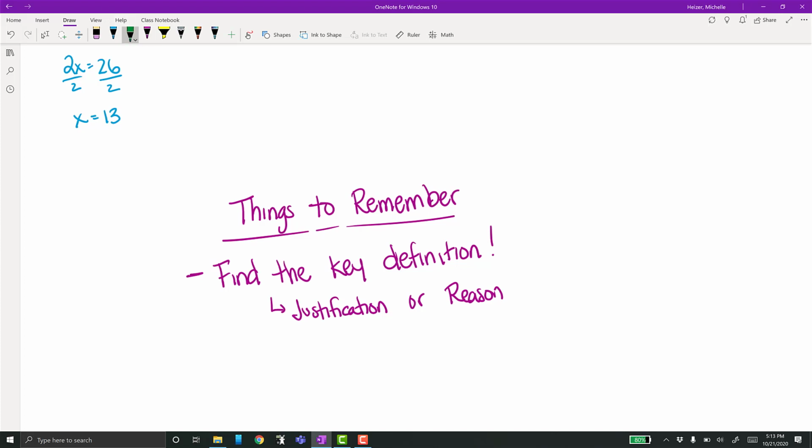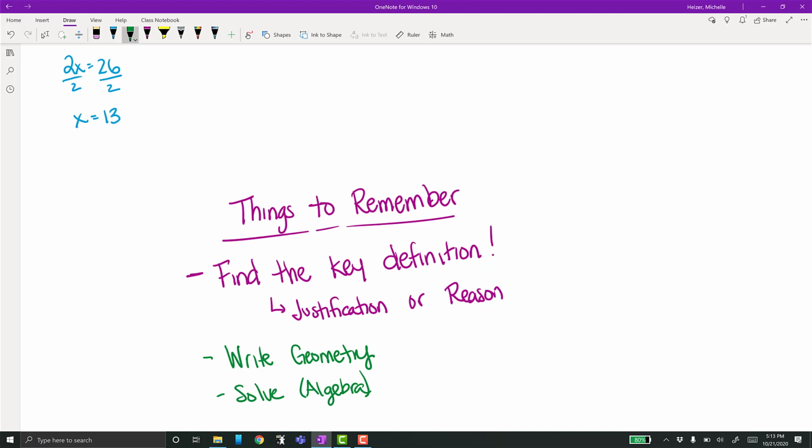And then after that, I would make sure to remind you, write the geometry, and solve the algebra. But the main thing here is you got to find that definition because that's going to give you that reason.